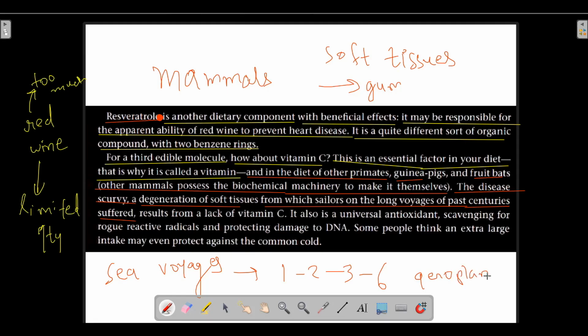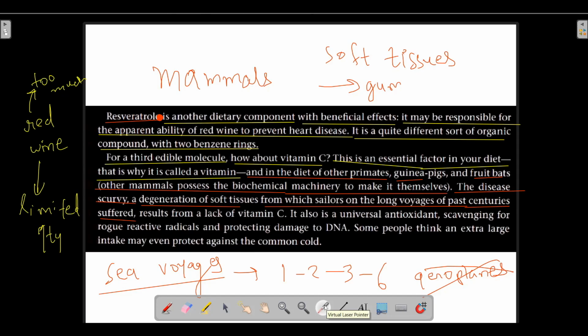Sea voyage was the only way of international travel in the olden days.